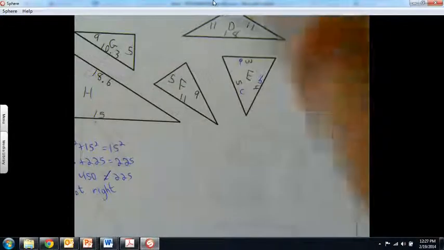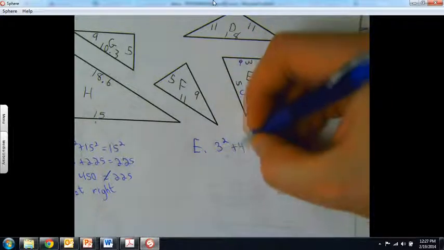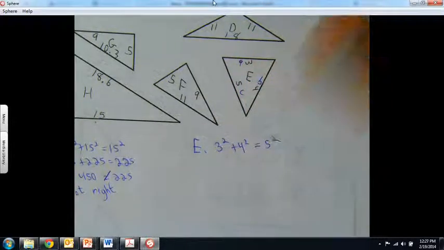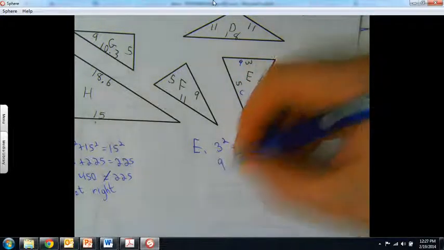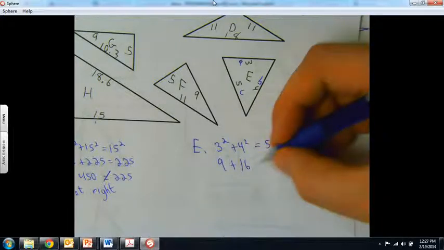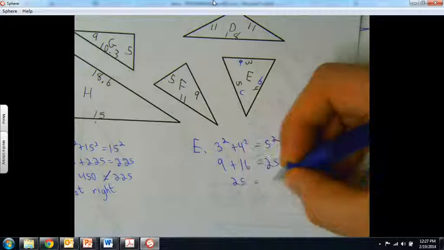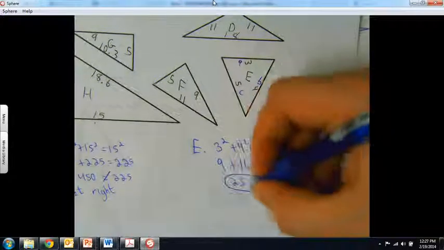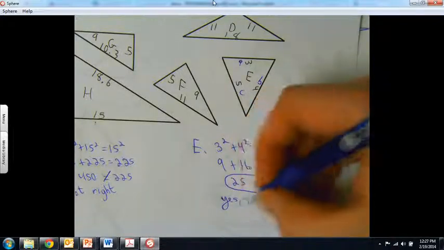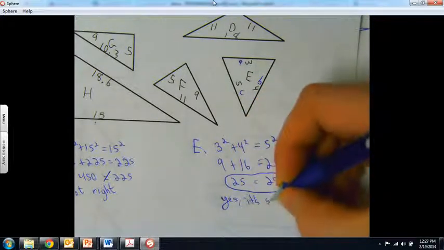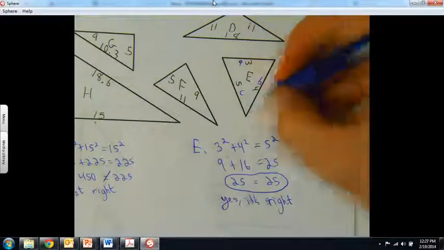This is triangle E. I have 3 squared plus 4 squared equals 5 squared. 3 times 3 is 9, plus 16 equals 25. 9 plus 16 equals 25. 25 equals 25. Since that one works, yes, it's a right triangle. So I circled that one.